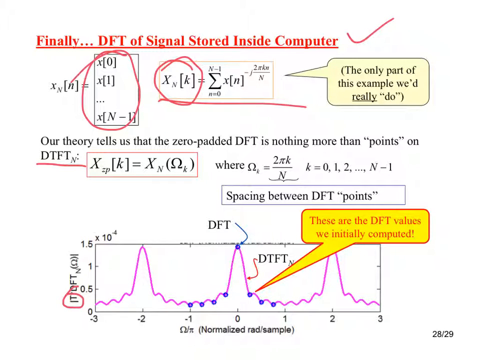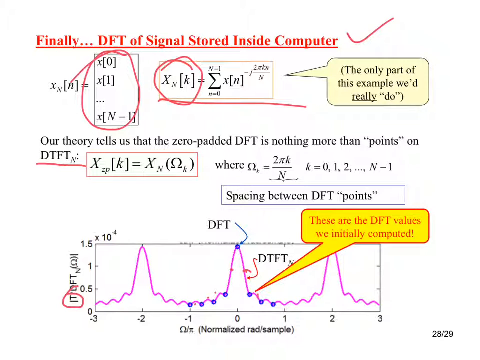If we did do zero padding, suppose we collected these 8 samples and then we tacked 8 more zeros on to the end. We're now doubling the length of our FFT processing, which means we would be cutting the spacing in half. Let's see if I can do this here. I would then be getting points halfway in between here. I'm not doing a very good job here.